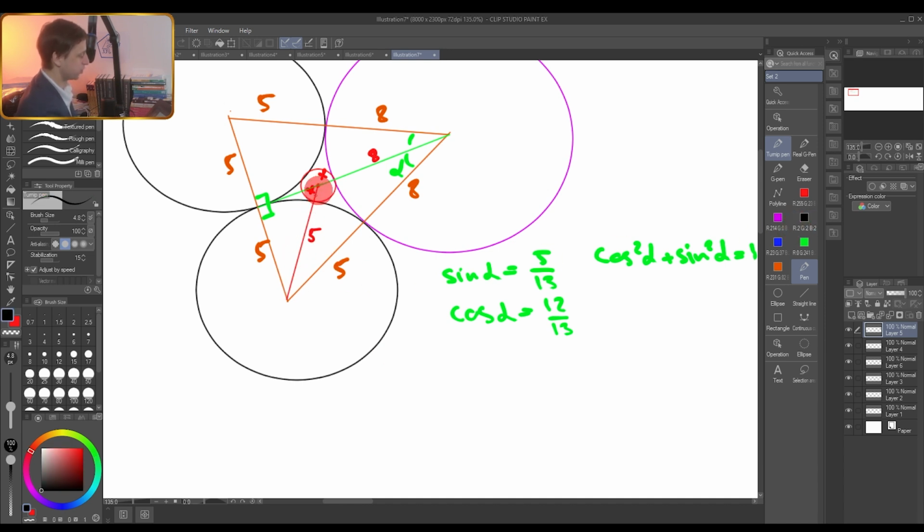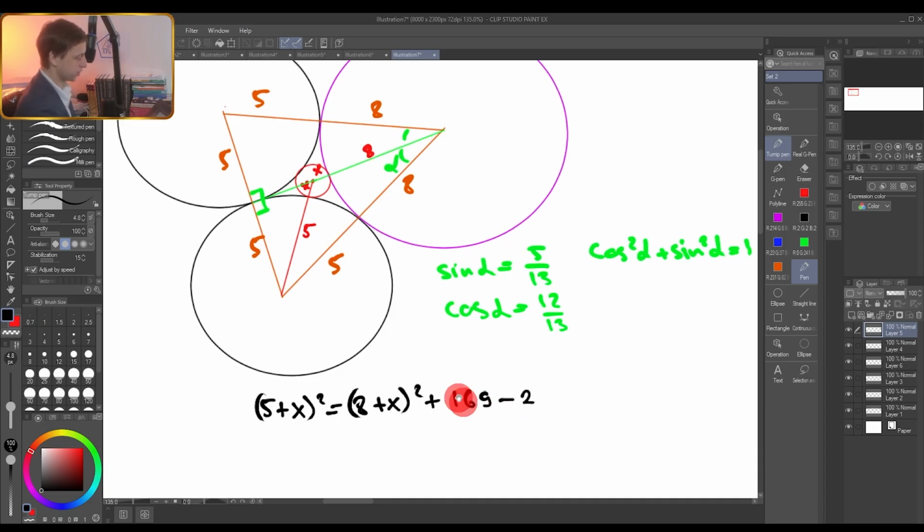So the square of this side, which is 5 plus x squared, equals the square of this one, 8 plus x squared, plus the square of this one, which is 13 squared, it is 169, minus 2 times this one, x plus 8, times this one, 13, times cosine alpha, which is 12 over 13.